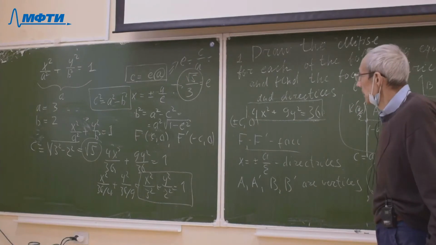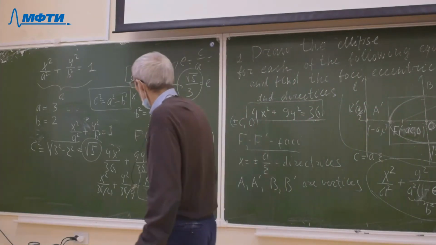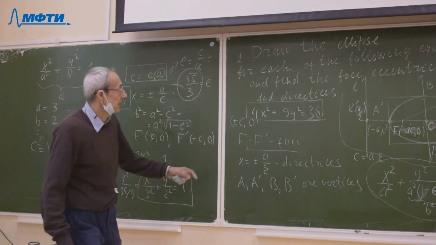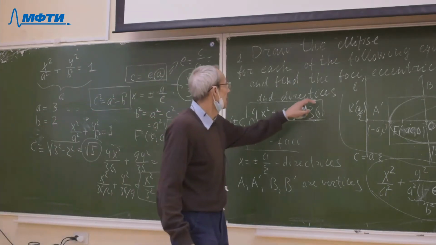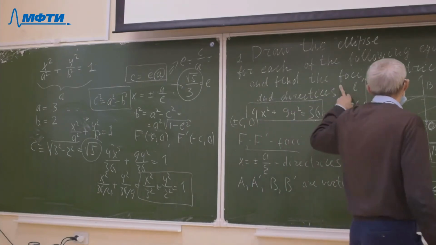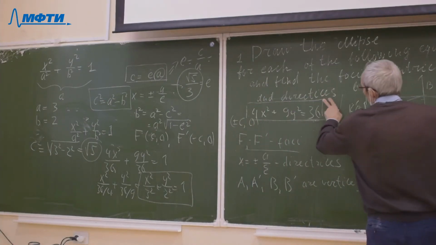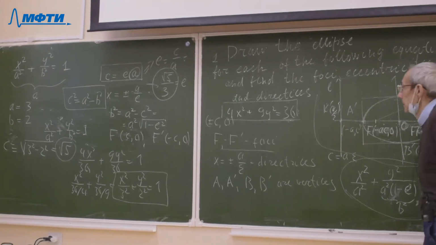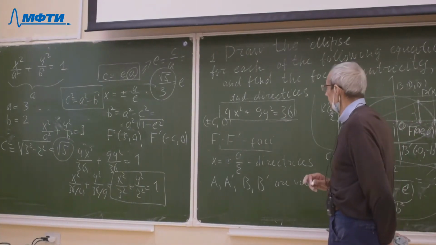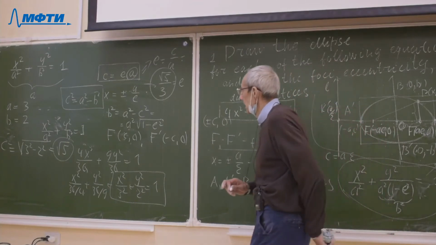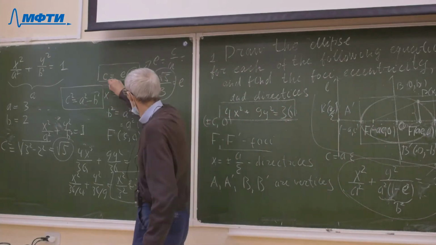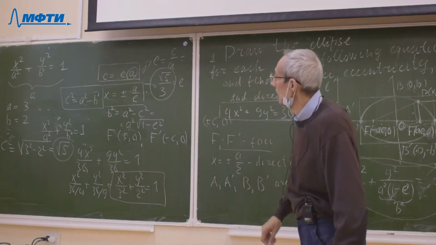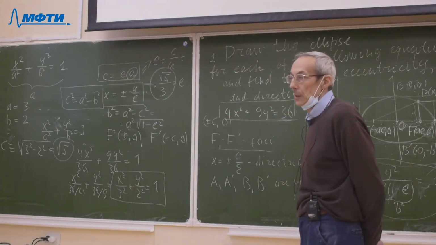And we obtain almost all parameters which we need to calculate. Namely, we find foci, eccentricity, but we also can obtain the formula for directrices. We have the following formula for directrices: x is equal to plus or minus a over e.